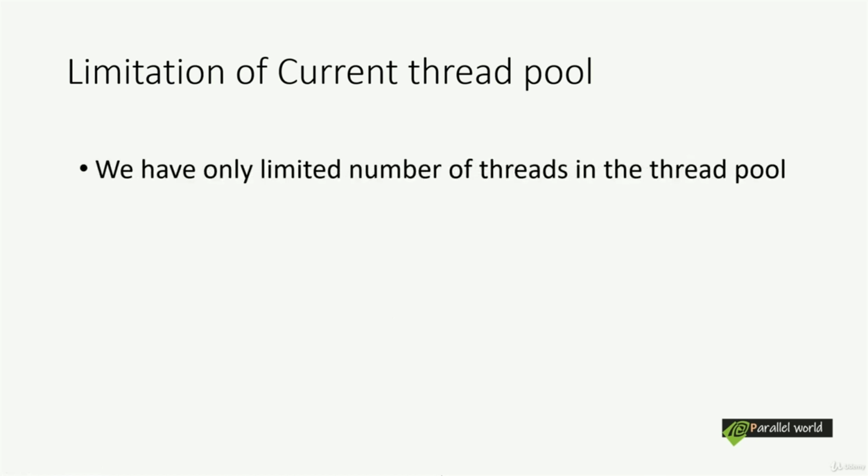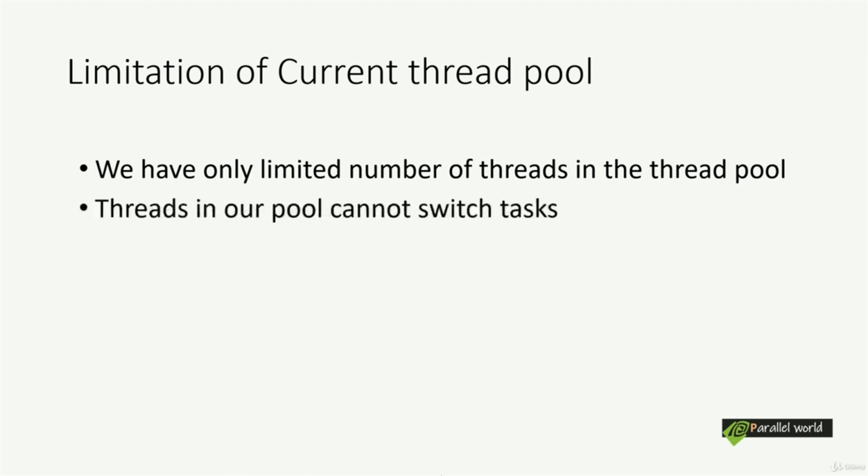First, we have only a limited number of threads in the thread pool, and our thread pool cannot switch tasks, unlike task switching in operating system threads. After it begins executing one task, it has to stay on that task until the task is finished. So, if we use our current thread pool implementation for the parallel quicksort implementation, then for sure there will be deadlocks.